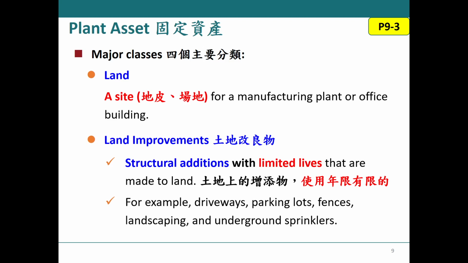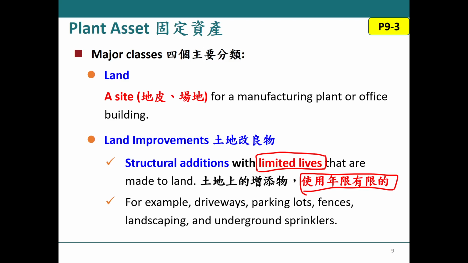What does limited life mean? You cannot use it forever. Maybe you could use it 5 years, 10 years, 20 years, but not forever. 使用年限有限的.